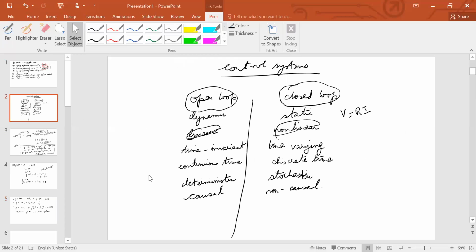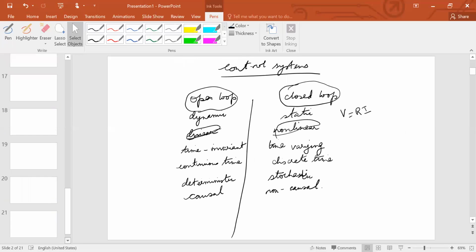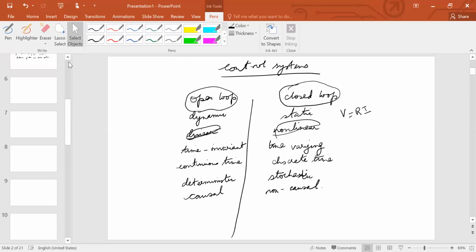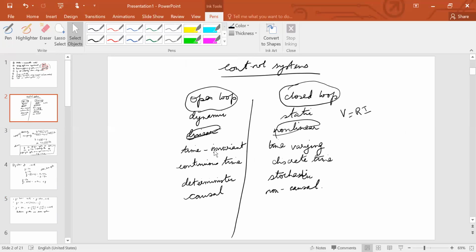Okay. So now we go to the next part, which is time invariant and time varying. But before that, however, I would like to also talk about linearity or the lack thereof for dynamic systems.